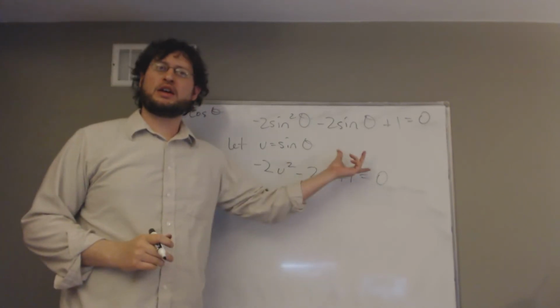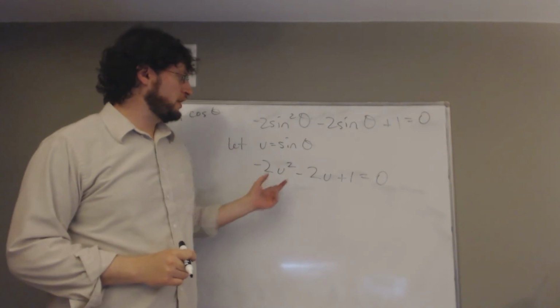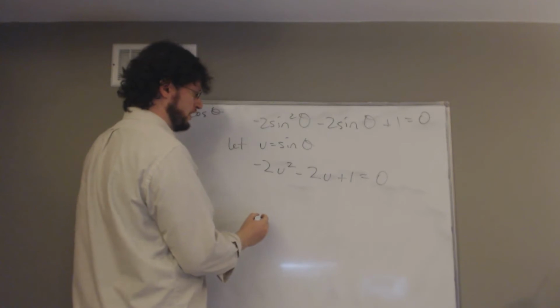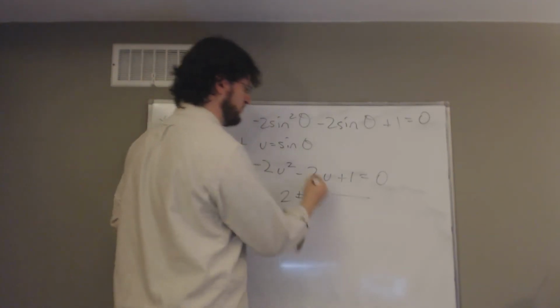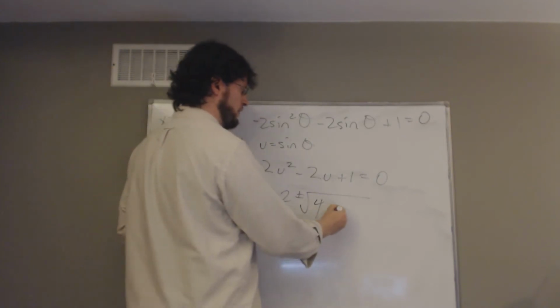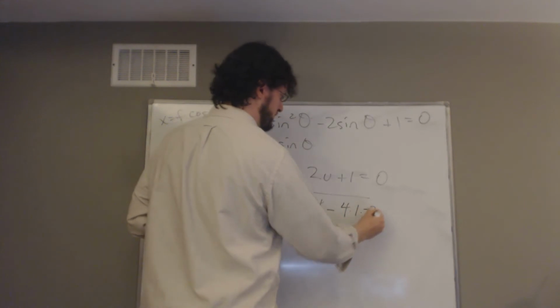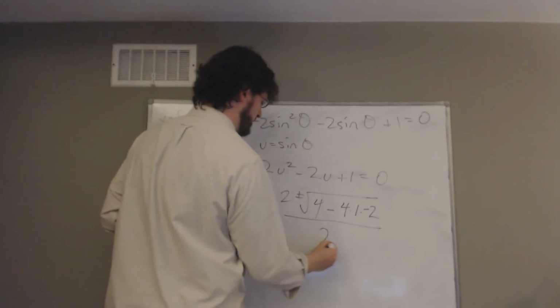And that's just a quadratic equation. And so we can either try to factor, or we can use the quadratic formula to say that u is -b plus or minus square root of b squared, which makes 4, minus 4 times 1 times minus 2, all over 2a.